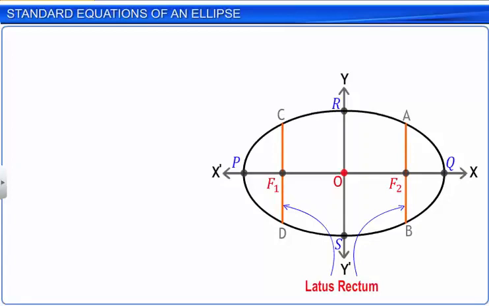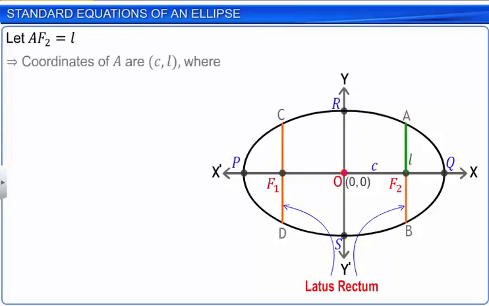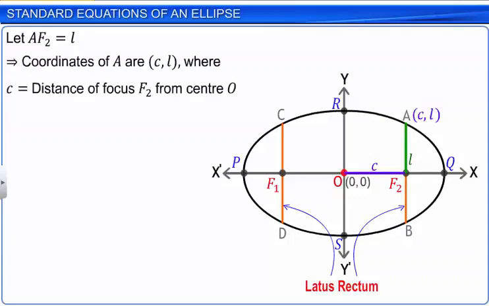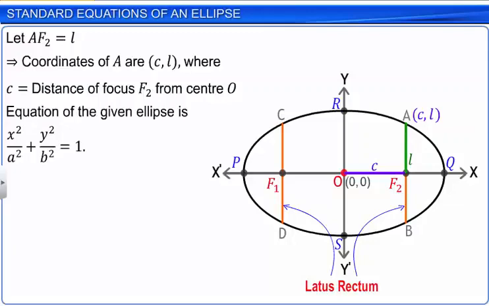Consider an ellipse with its center at the origin and the major axis along the x-axis and latus recta AB and CD. Let the length AF2 be l. If c is the distance of focus F2 from center O, the coordinates of point A are (c, l). Recall the standard equation of the ellipse with its center at the origin and the major axis along the x-axis.